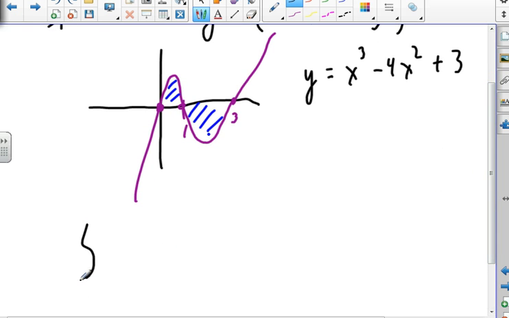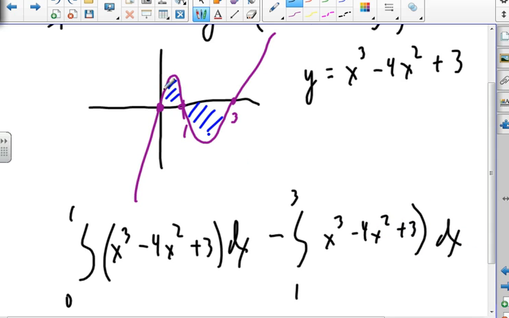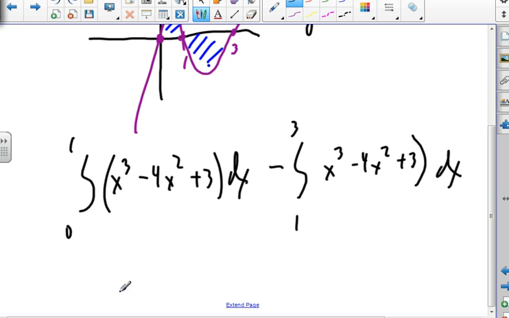We're going to look at the integral 0 to 1 of x cubed minus 4x squared plus 3, and then we're going to go minus the integral 1 to 3 of x cubed minus 4x squared plus 3. This is going to be a negative number, which with the minus makes it positive, and then we'll get that total area, which I think is what the author is looking for. If not, we'll reconsider later.